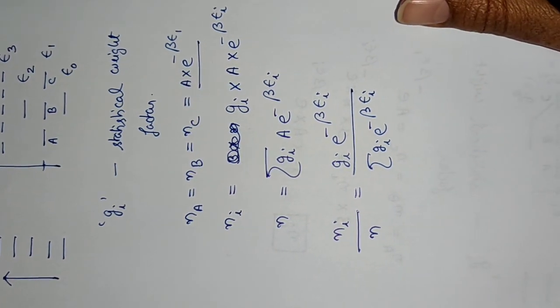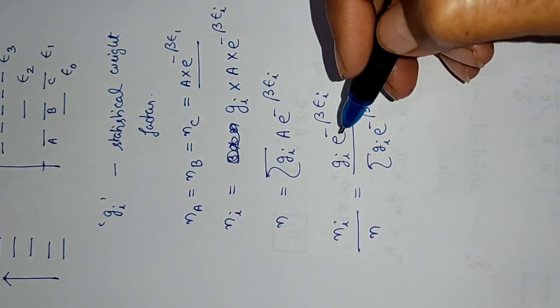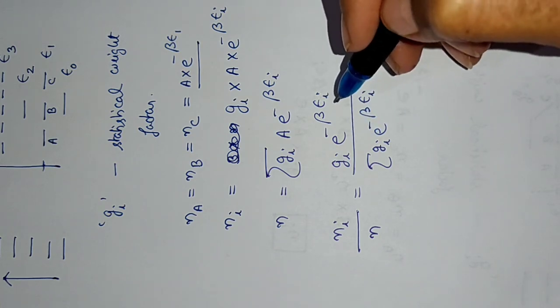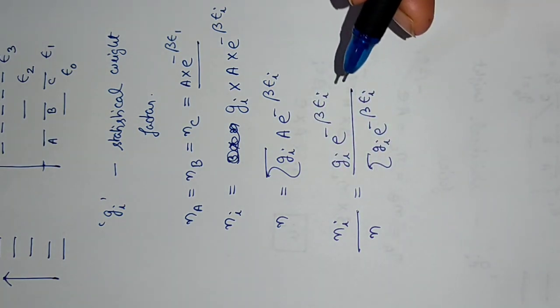So this is how the number of folds of degeneracy in any level will be incorporated in the Boltzmann distribution law.